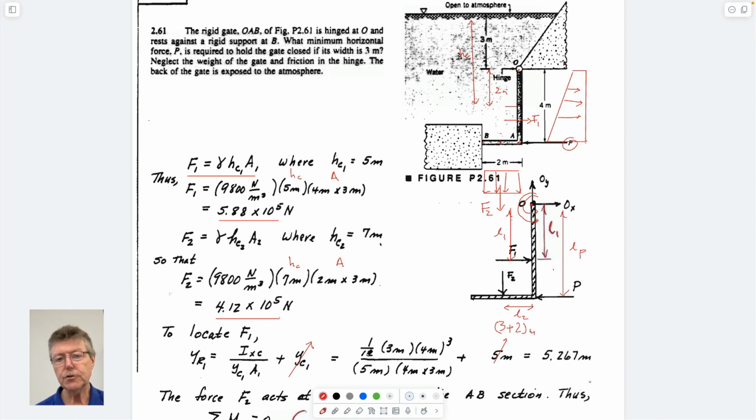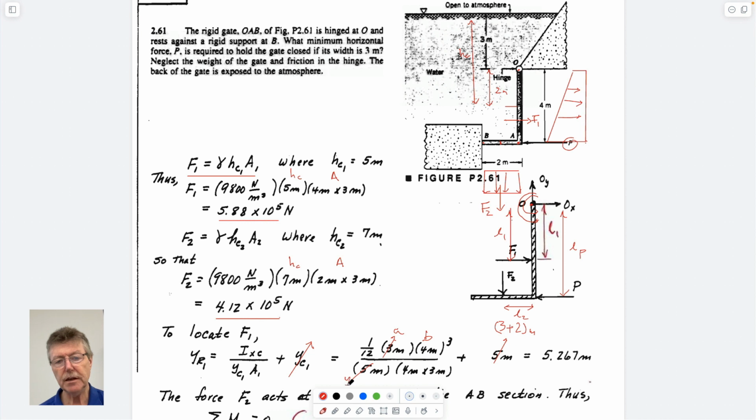Ix sub c is a 12th times b cubed times a. A is the depth into the page, and this is the height of the gate, 4. So this is what we'd have called b, and this is what we'd have called a on our rectangle in the second moment of area, divided by 12. Y sub c we had before is 3 plus 2.